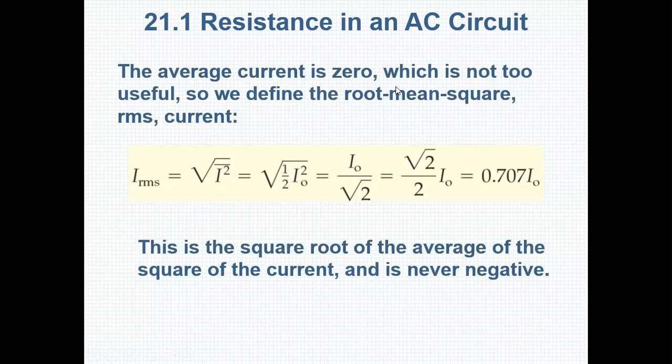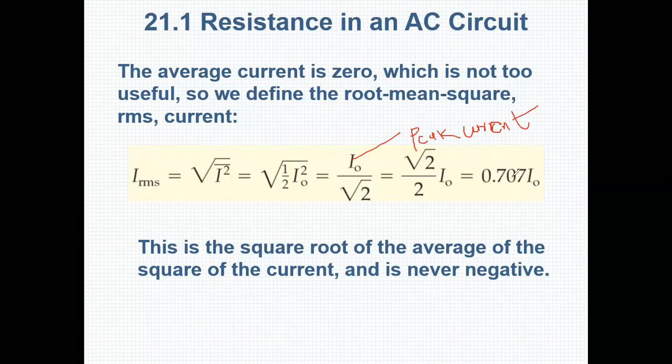So the root mean square current is equal to the peak current divided by square root of 2. If you calculate this constant term, it will be 0.707 I naught.